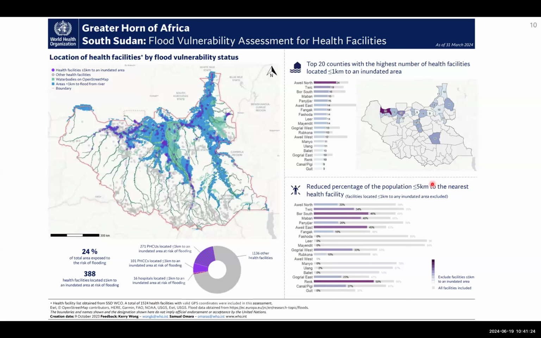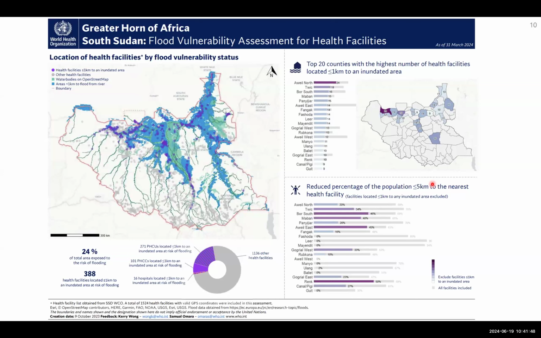We just looked at the general catchment area of 5 kilometers, the number of people living or who have access. When I say access, it is physical access in terms of just the catchment of 5 kilometers. And we're able to then see, if there was a situation where these facilities were to be flooded, how would that access be affected?